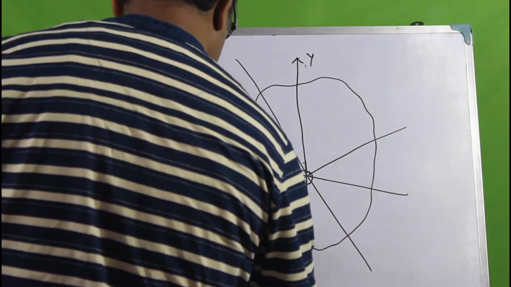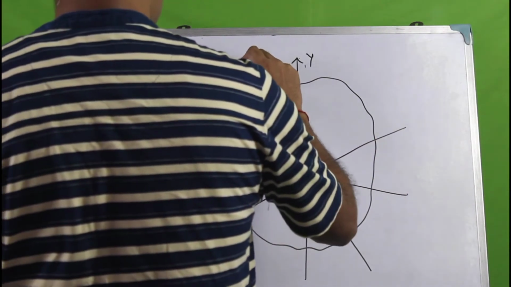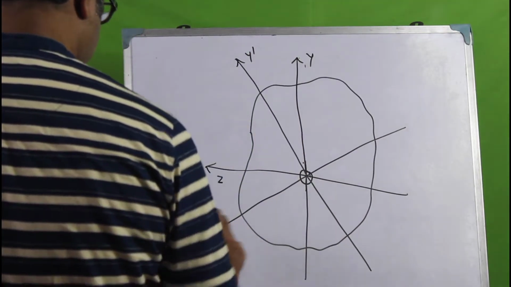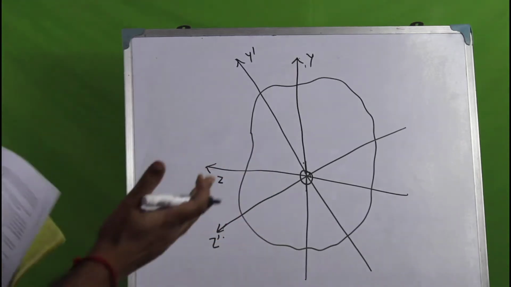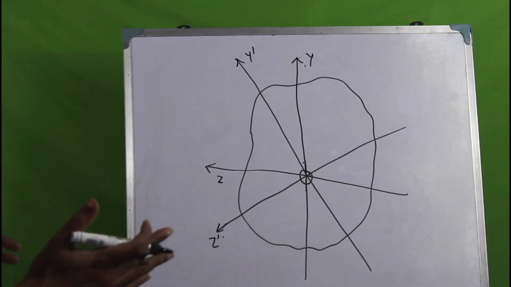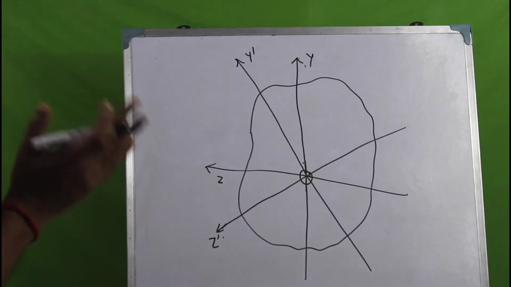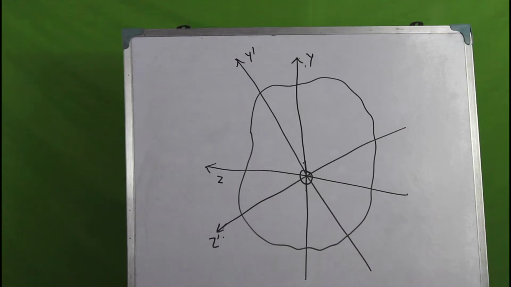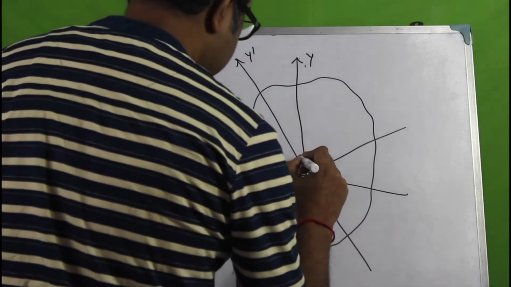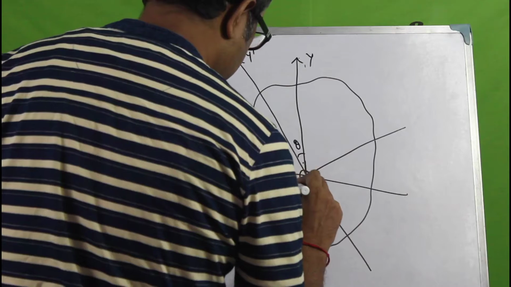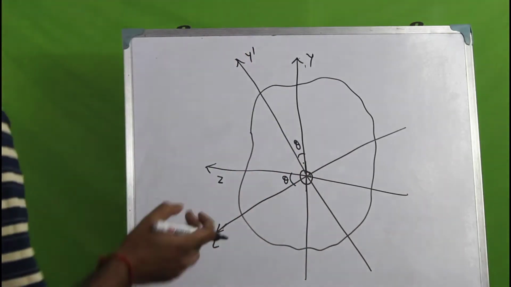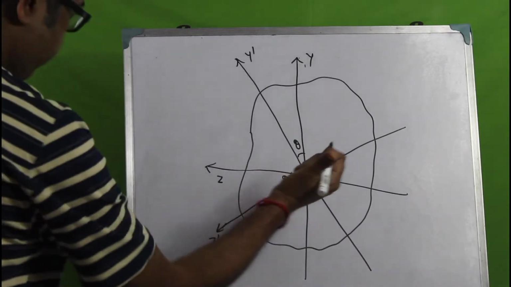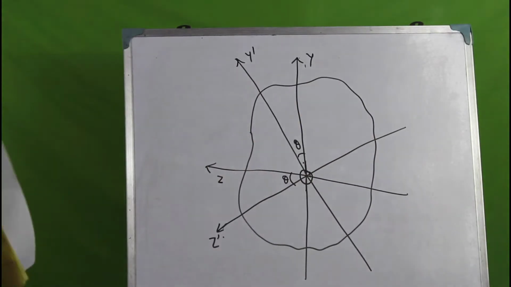So this new set of centroidal axes, let it be represented as y dash and z dash, and the angle of inclination of this set of centroidal axes from the horizontal and vertical centroidal axes is, say, theta. Of course, the x-axis in this case would be pointing towards you, towards the camera.